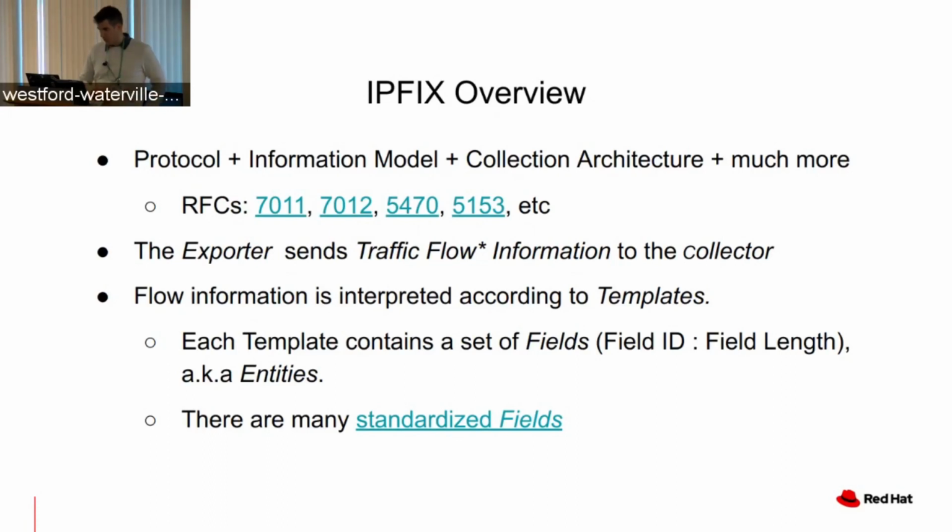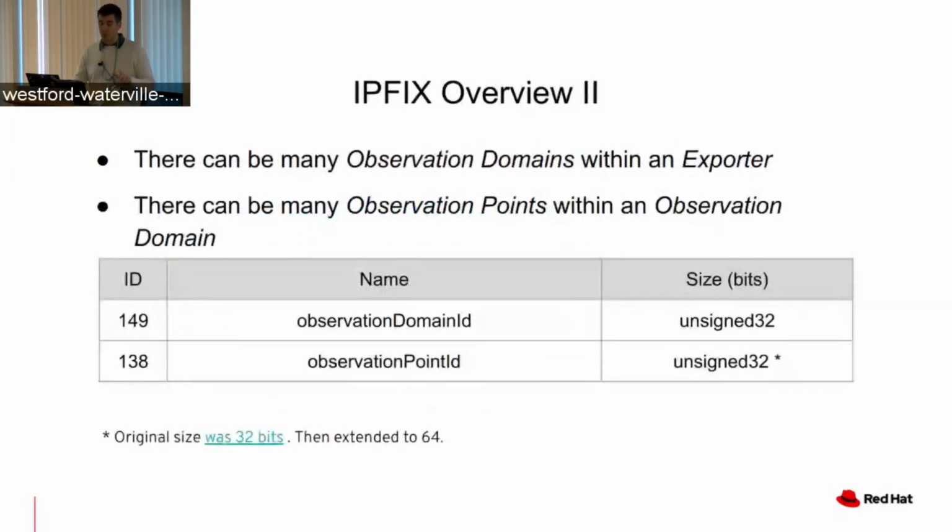So I don't want to go into a lot of detail of IPFIX and the protocol, nor all the entities, but I do want to go over two of them because they are going to be important for the OVS implementation. IPFIX architecture can get complex, and in IPFIX there's a thing called observation domain. An exporter can have many observation domains, and each observation domain can have many observation points.